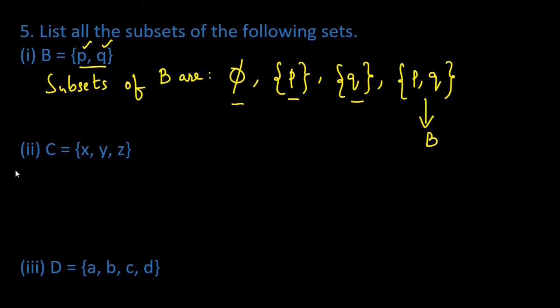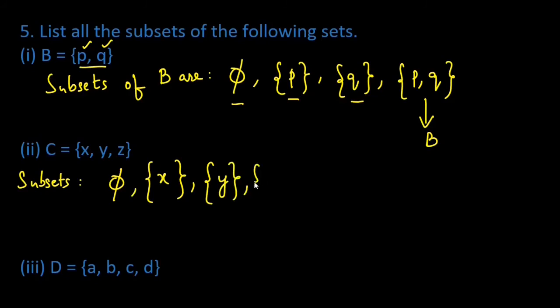Let us go to second one. C is equal to {x, y, z}. Subsets. First one is the empty set. Now let us take only one element. So set containing one element x, then y, then z.